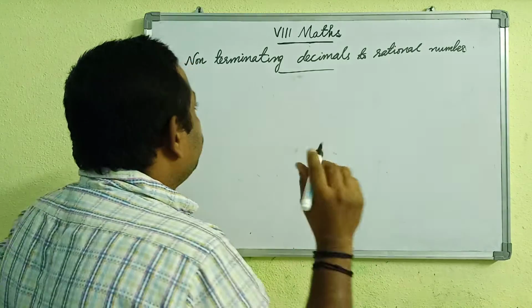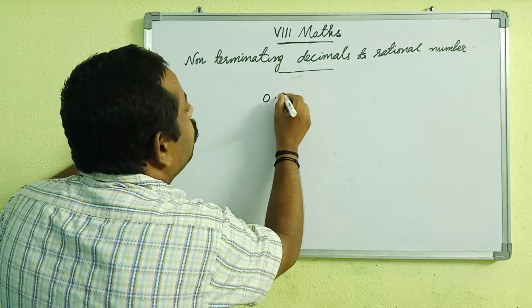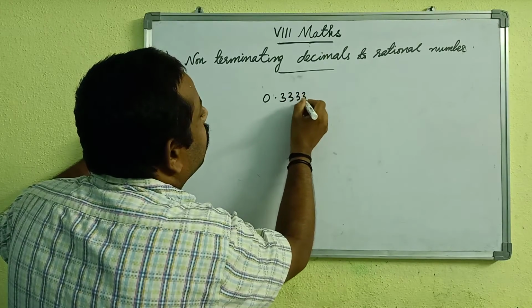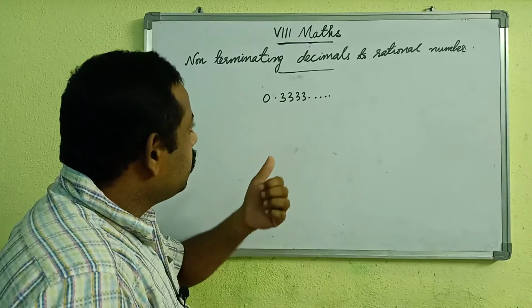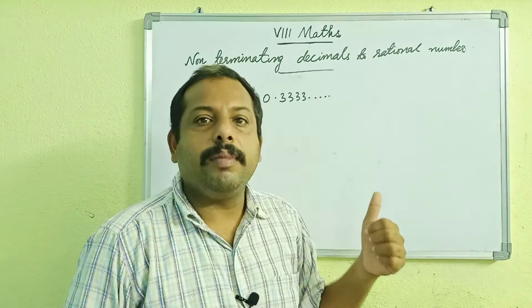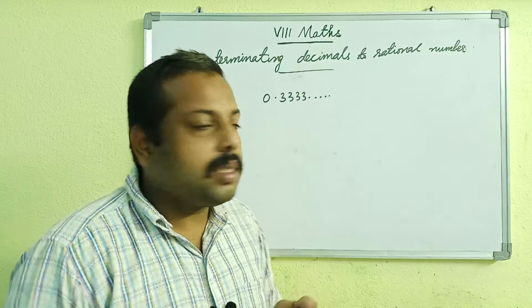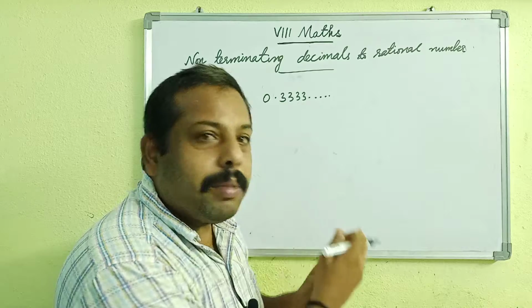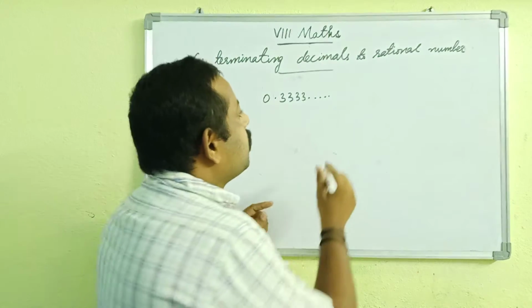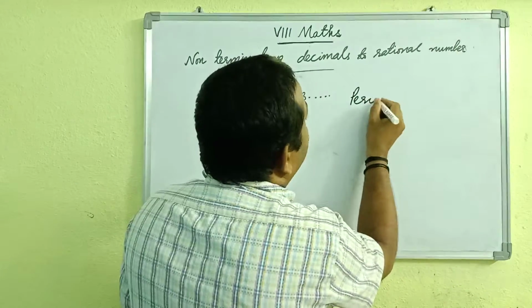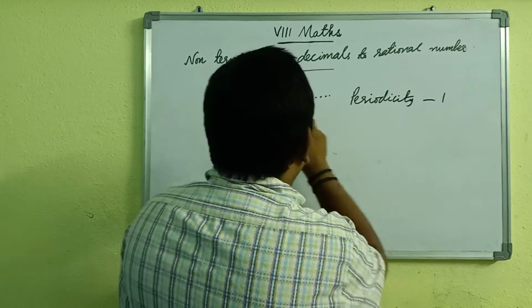Now, before going into this problem, when you write 0.3333 like that, the meaning is that the decimal expansion is not ending. 3 is repeated. How many decimal numbers are repeated? Only one number. That is what is called periodicity. So periodicity is 1 here.